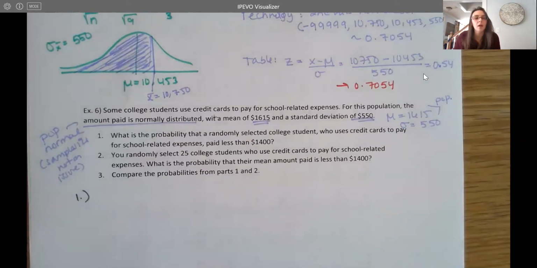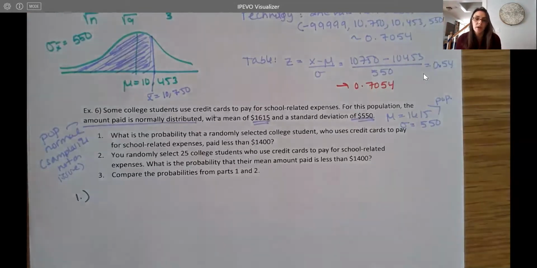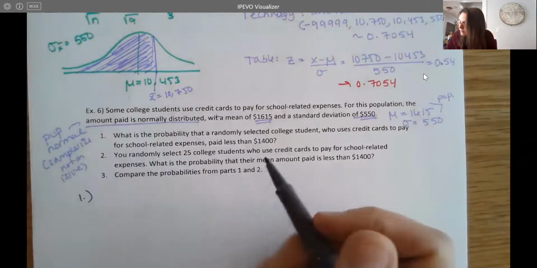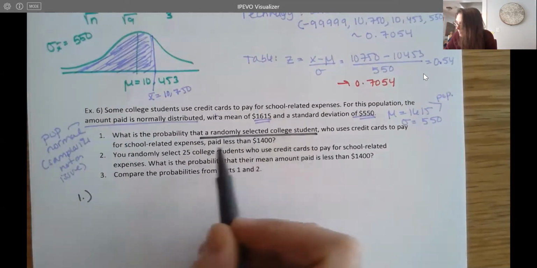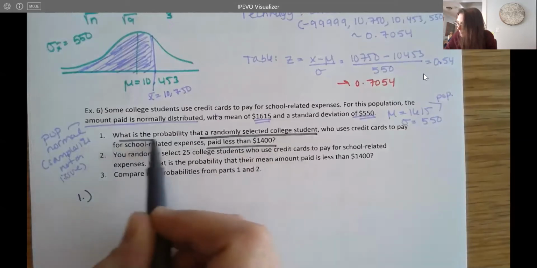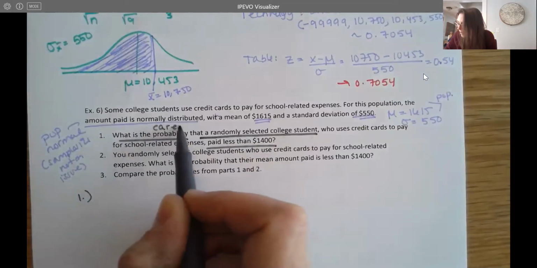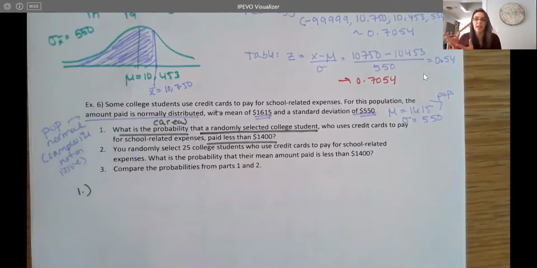All right, part 1. What is the probability that a randomly selected college student who uses credit cards to pay for school-related expenses paid less than $1,400? And remember, probability and area on the graph are the same thing. So we're looking for the probability here. Now, be really careful because we're mixing it up.